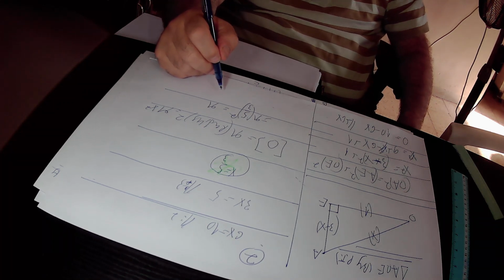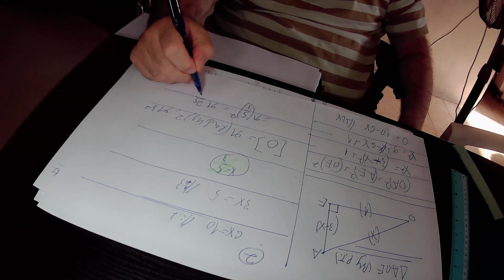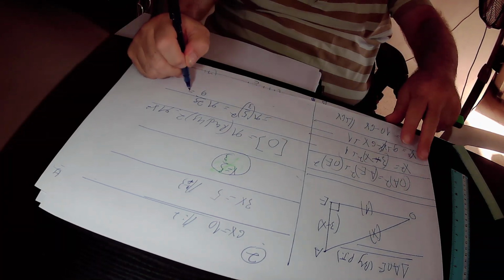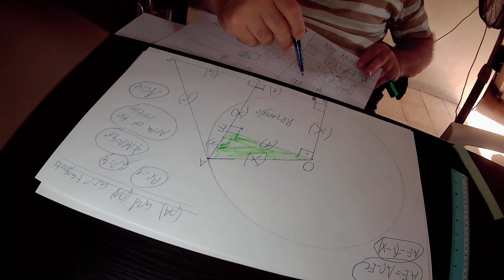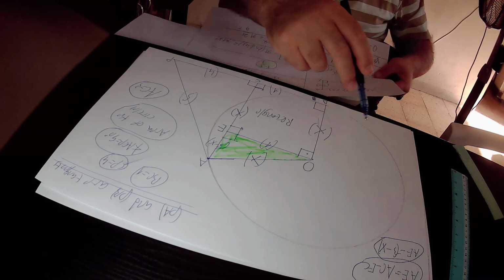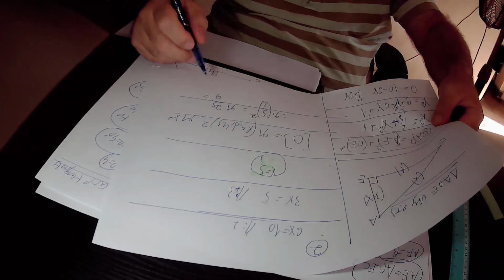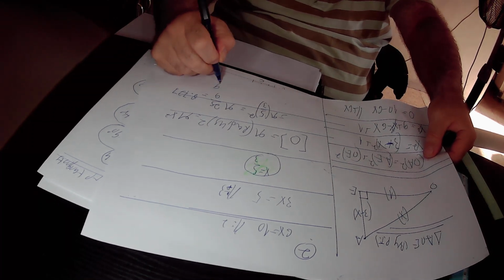And (5 over 3) squared is 5 squared, that is 25, over 3 squared, that is 9. So in total, we actually found out that the area of this circle is equal to either 25 pi over 9 square units, or in terms of numbers, 8.727 square units.